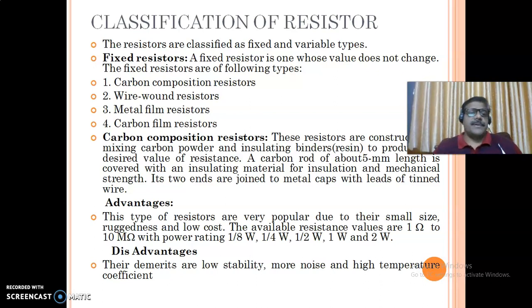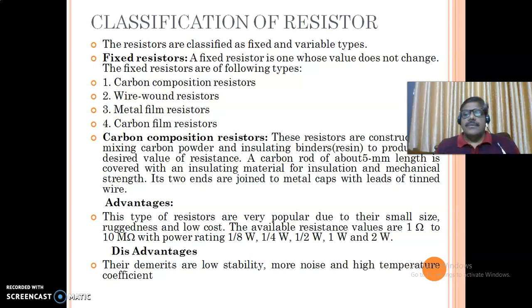There are four types of fixed resistors available: carbon composition resistors, wire wound resistors, metal film resistors, and carbon film resistors. These are all the four types of fixed resistors.